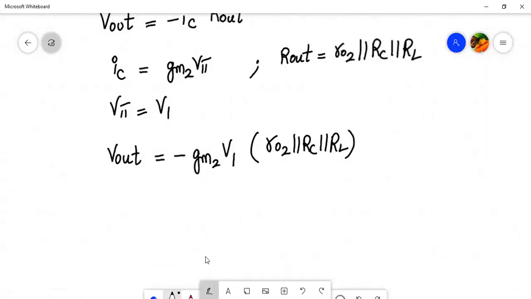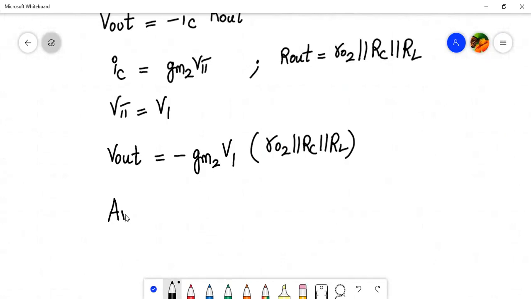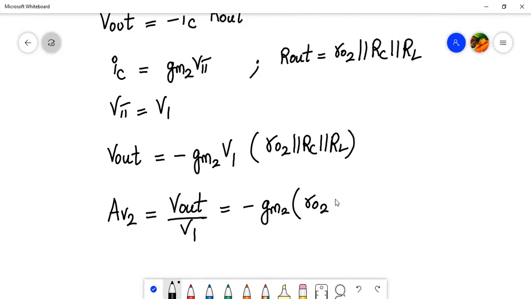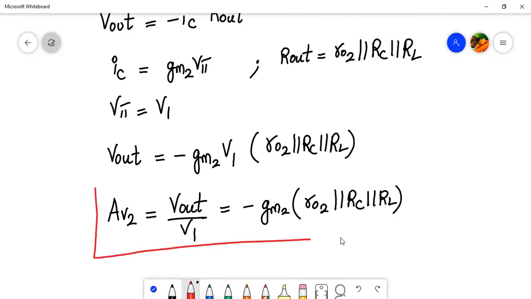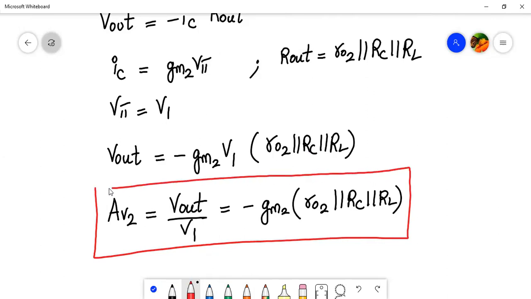So over here, we will write AV2, which is nothing but Vout upon V1, is equal to minus gm2 into ro2 parallel to RC parallel to RL, right? So this is the formula for the voltage gain of the second stage. So this is the expression.